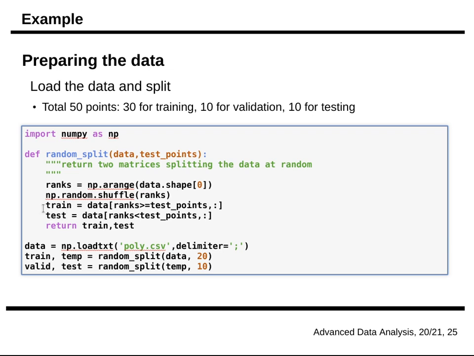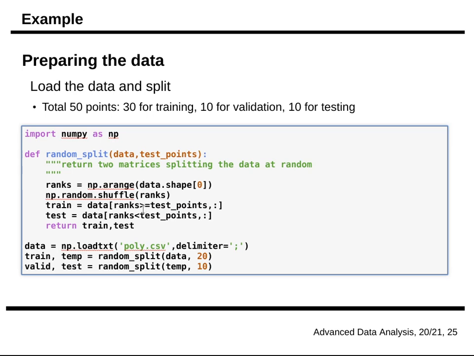So now we can separate. We'll put on the train set all the rows of our data for which the rank value here is at least as large as this test points value here. So for example, in this case, suppose that we want 20 test points, so the training data will get all those 20 or higher.